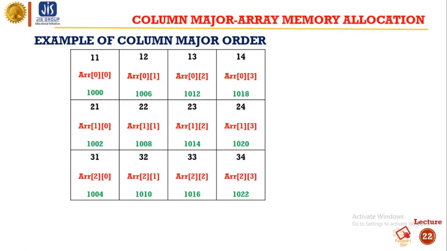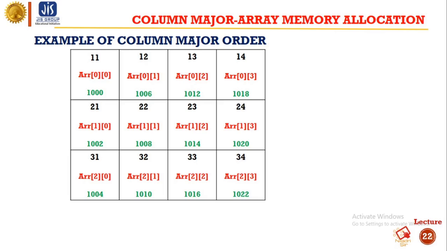As you can see, the increment happens column wise. So, like this: 11, 12, 13, 14, 21, 22, 23, 24, 31, 32, 33, 34. These are the numbers.